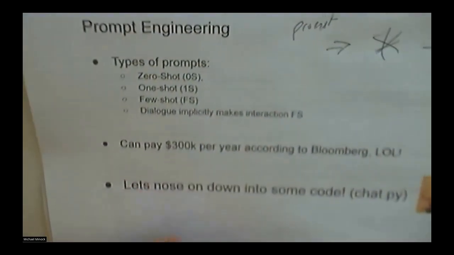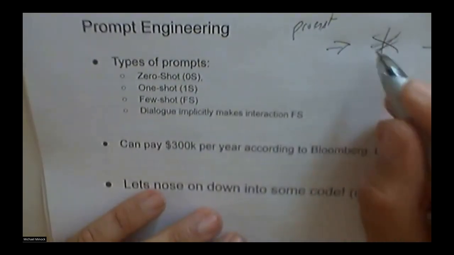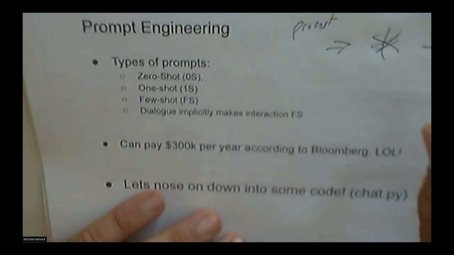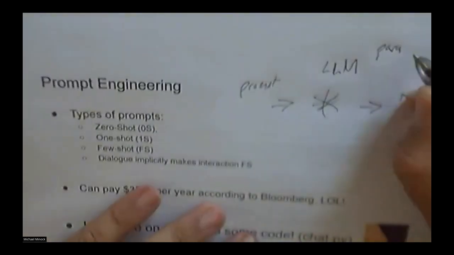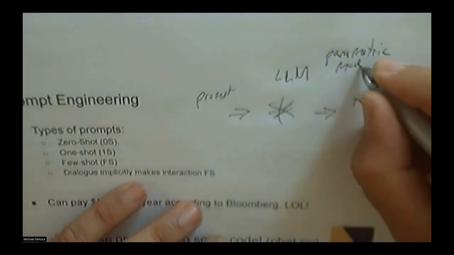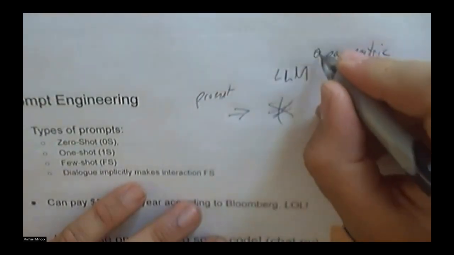This is frozen, shown like a snowflake, which means it is not changed. This is also called a parametric model, because it's just a fixed set of parameters. So it's a big theta.